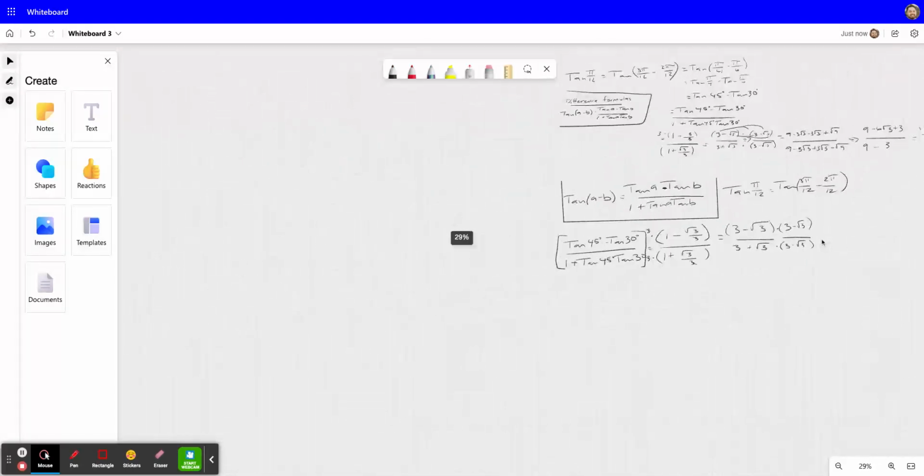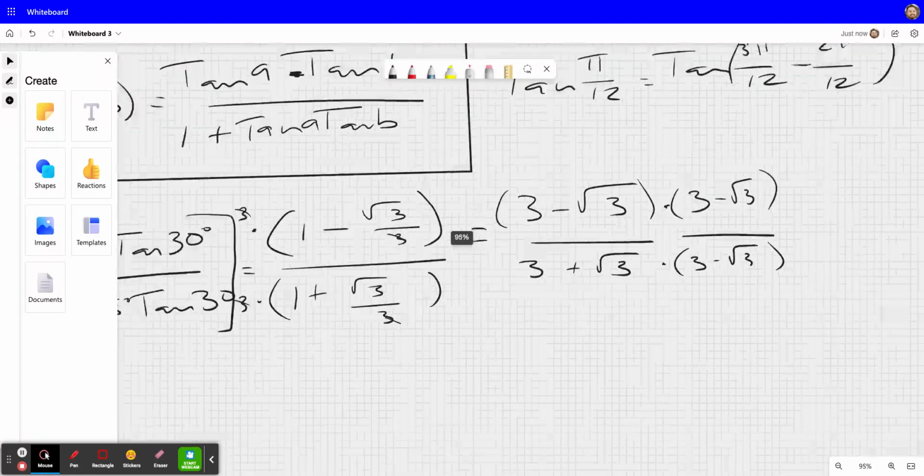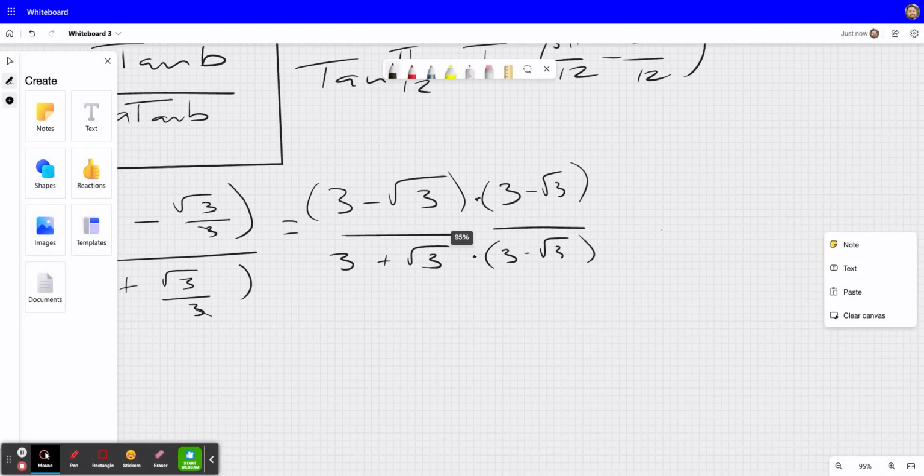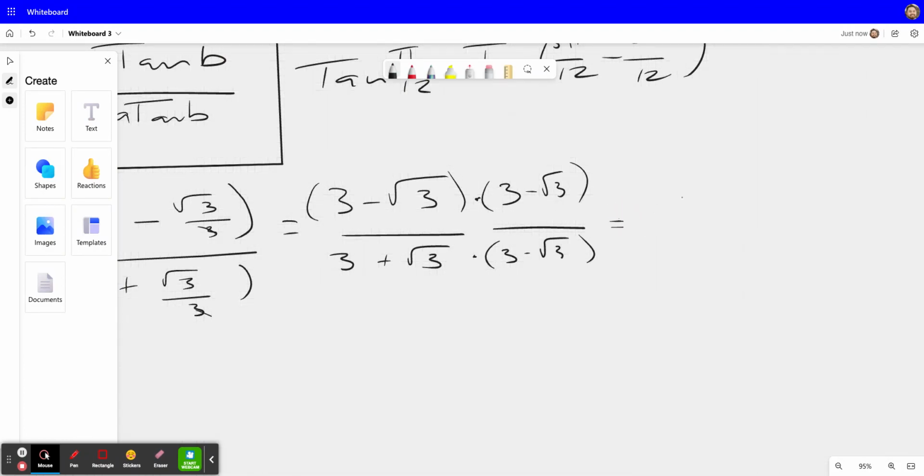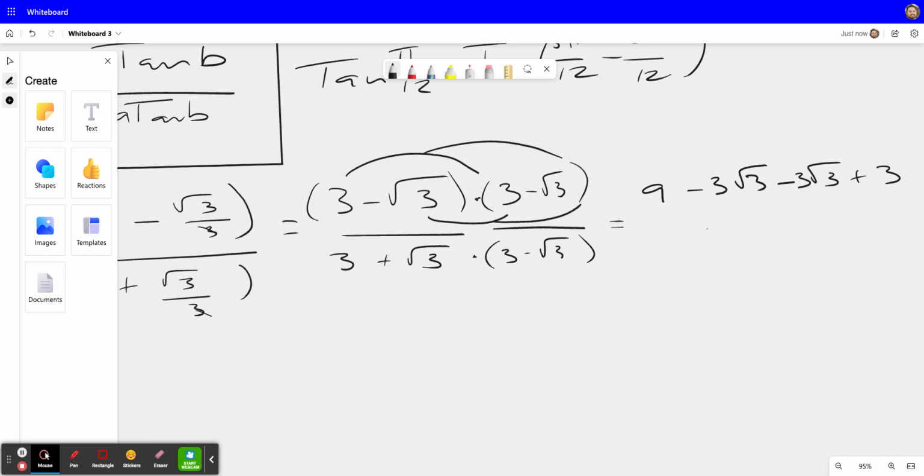That is then going to give us 3 times 3, and 3 times negative root 3 is going to give you 9 minus 3 root 3, and then negative root 3 times another 3, and another negative root 3 is going to give us a minus 3 root 3 again, but now negative root 3 times negative root 3 is going to be a positive root 9, which is the same thing as 3.